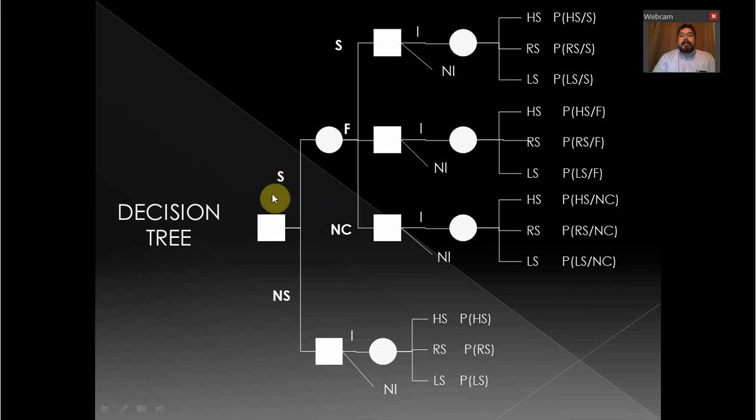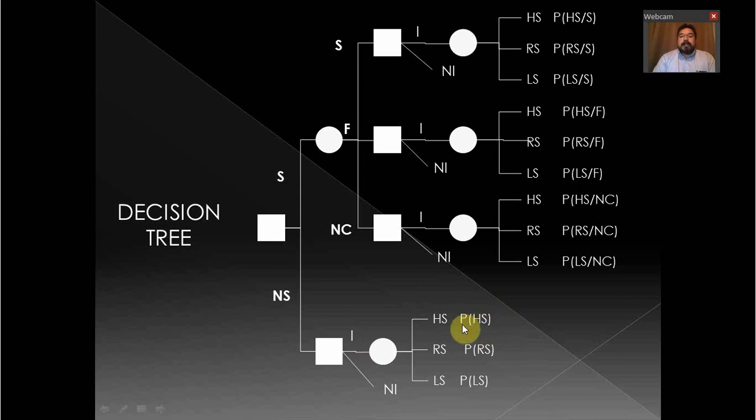When we decide not to apply the survey, we just have to decide if we introduce or do not introduce the product. And if we introduce it, we have the probability of high sales, regular sales, and low sales. And these probabilities don't depend on anything.